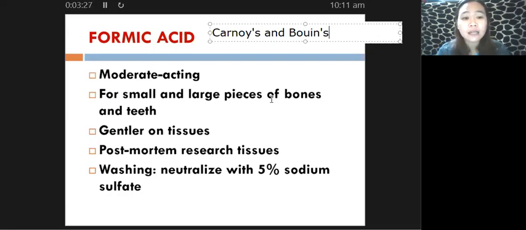Primarily, it is utilized for post-mortem research tissues. Again, take note that with the use of your formic acid, it will take a longer duration. So the type of tissue sample that you should immerse in your formic acid should not require any urgency.